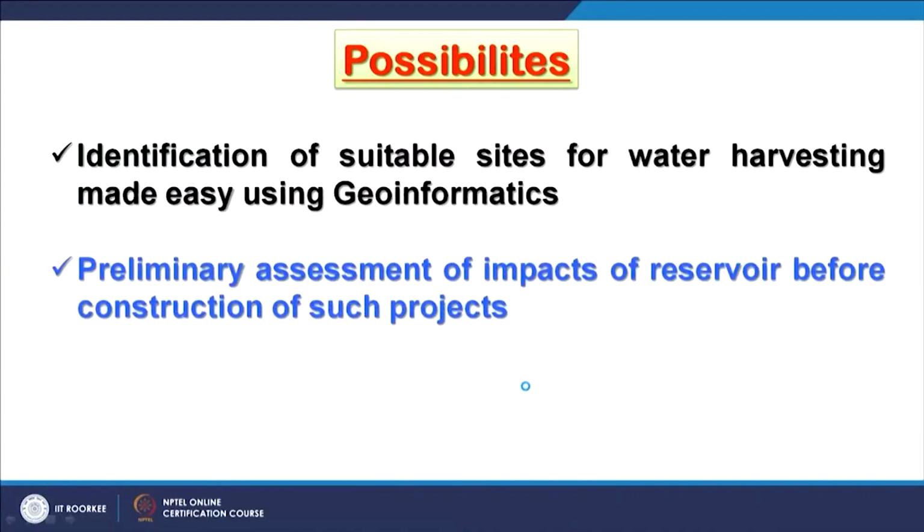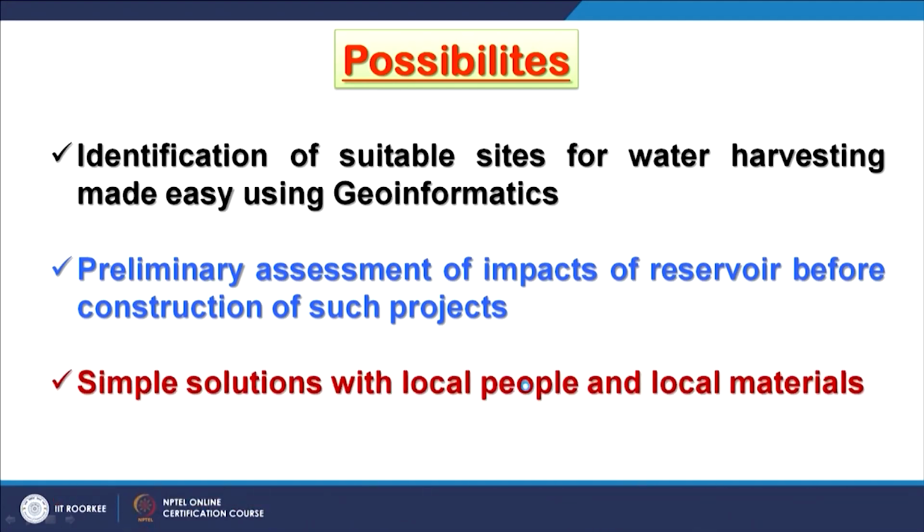For a detailed project report, obviously things have to be checked on the ground, but feasibility studies can be done very easily, and different scenarios and options can be created for better decisions. And simple solutions, this is my whole point of discussion: the solutions I am providing are very simple and are implemented with local people and local material.